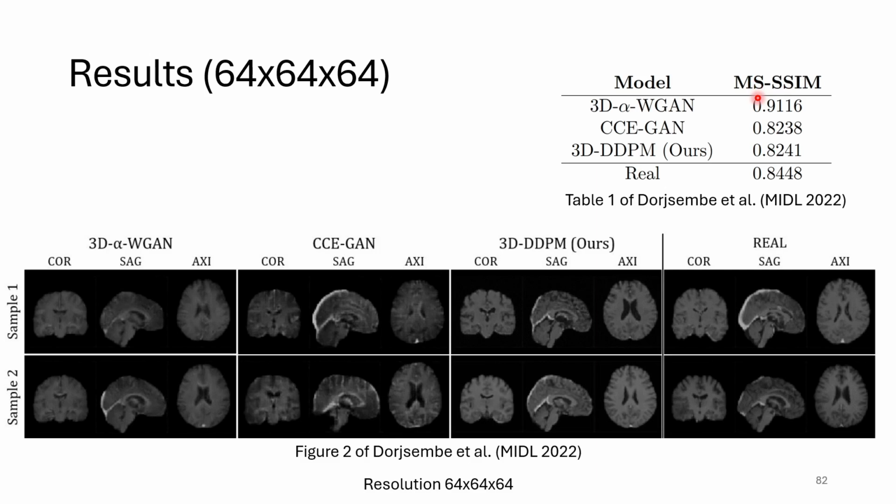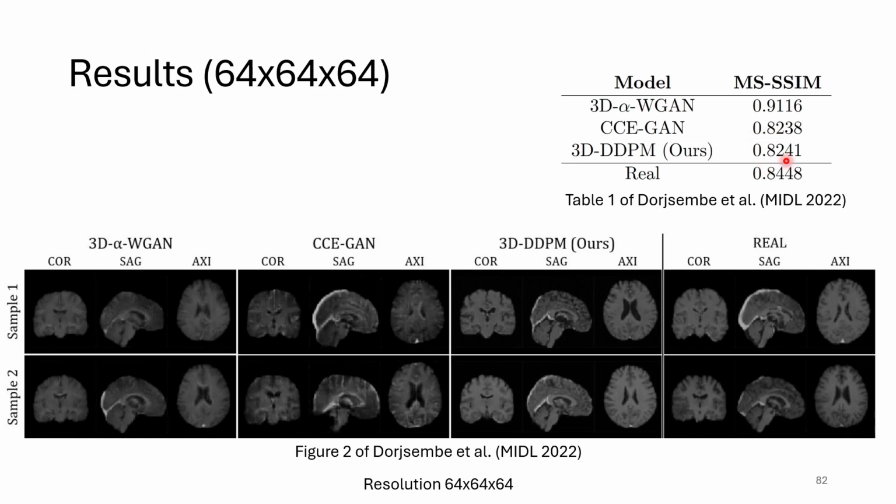Then they compute the MS-SSIM between the reference image and the generated image. Because every pair of images will generate an SSIM index, they compute the average over all pairs. So it is somehow like a standard deviation in terms of the calculation.